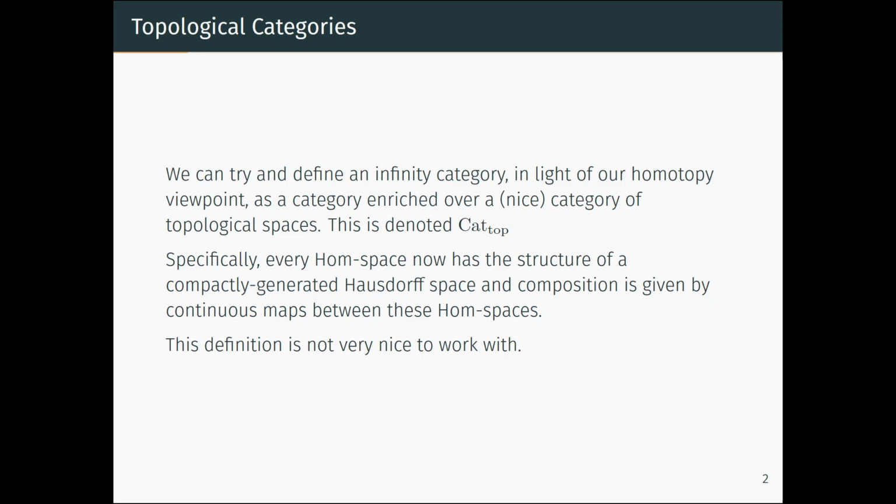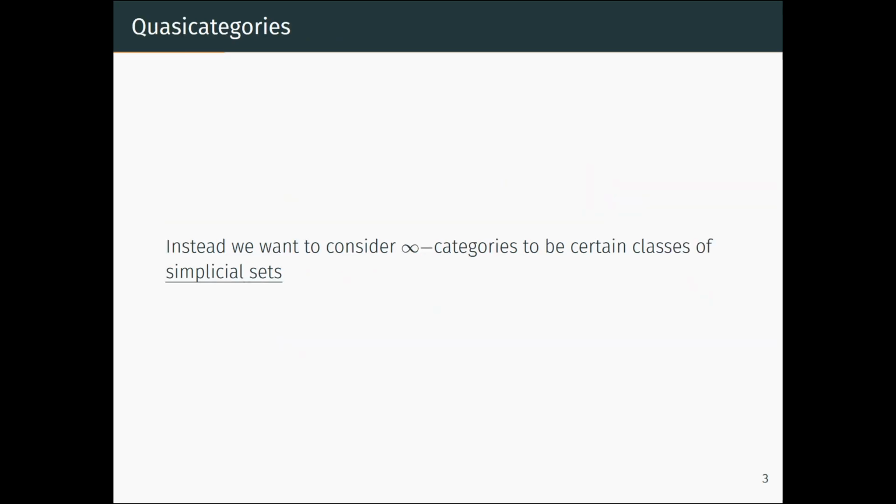It ends up being really difficult to actually prove anything about it. So instead, we want to approach this using quasi-categories, which are going to be certain simplicial sets. These still have a homotopy theoretic interpretation, but they're a lot more concrete to work with.